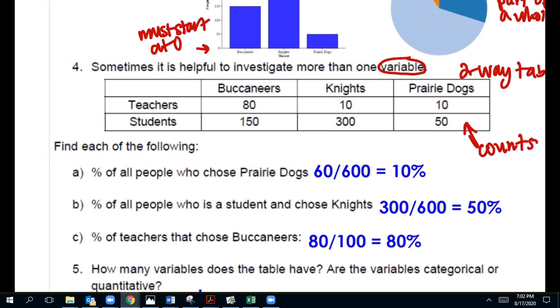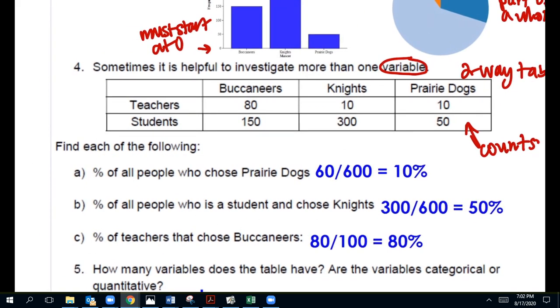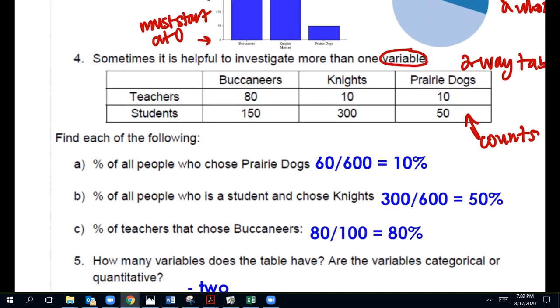So then we have these percentages that should have been pretty easy to calculate, but they do have special names that we will refer to moving forward. Part A, percent of all people who chose prairie dogs. Well, let's see. Prairie dogs, all of them, that was 60. We totaled that, and I'm going to use a new color here to 60.